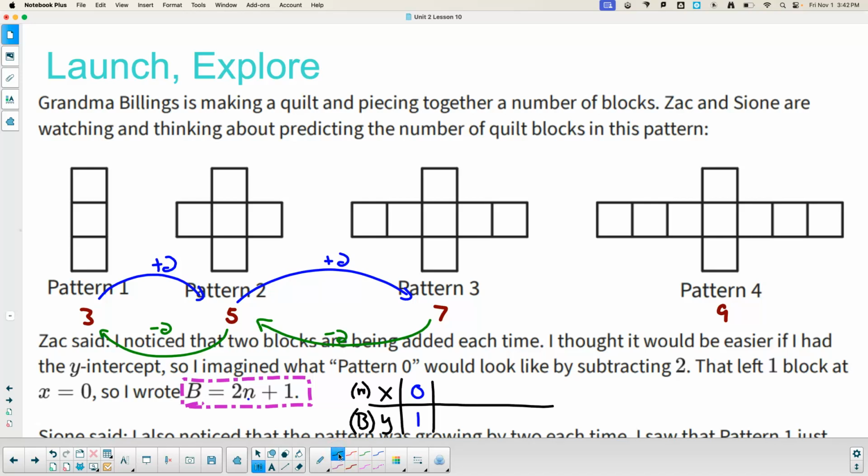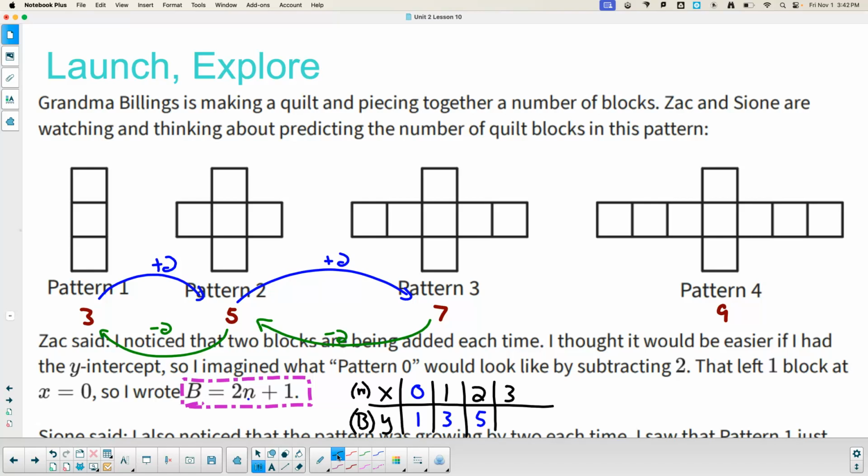If I plug in 1 for n, 2 times 1 is 2, plus 1 is 3. If I plug in 2 for n, 2 times 2 is 4, plus 1 is 5. So we got pattern number 1 for 3, pattern number 2 for 5, pattern 0, like Zach said, had 1.